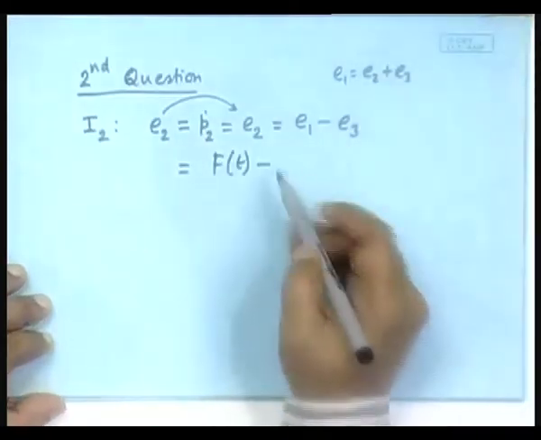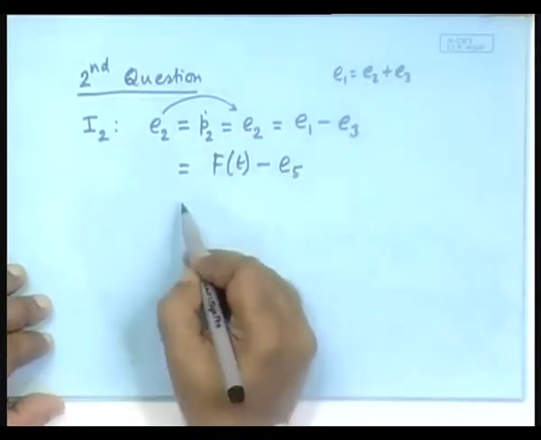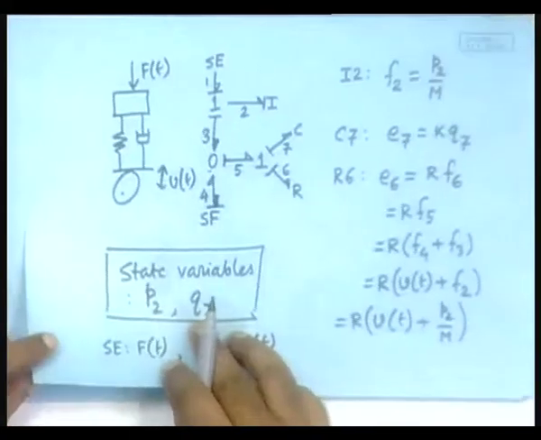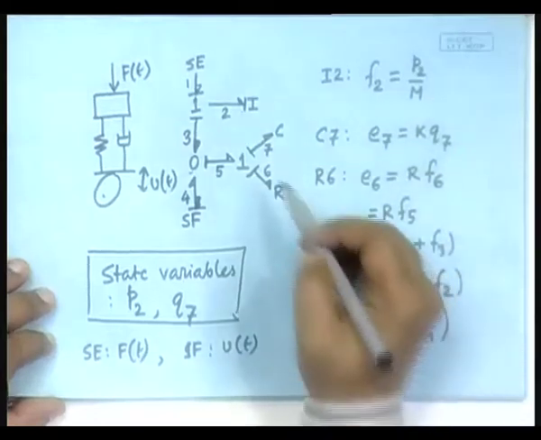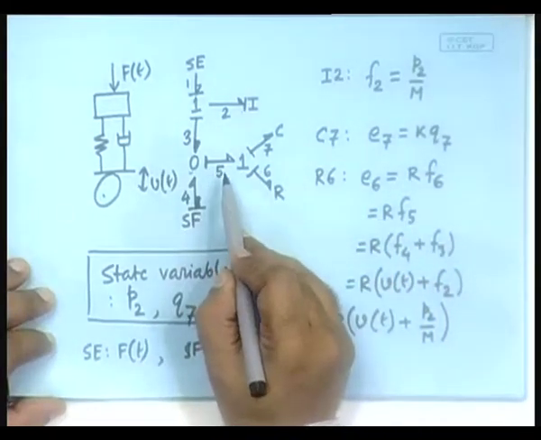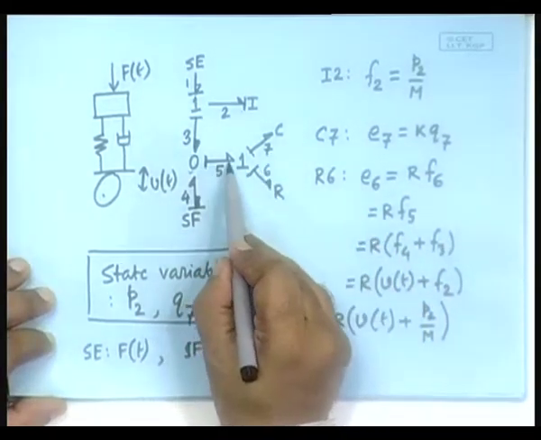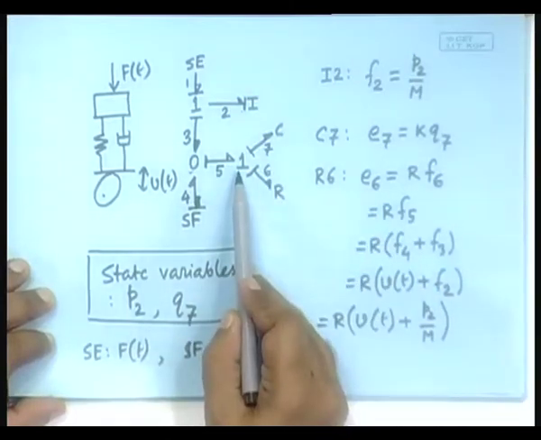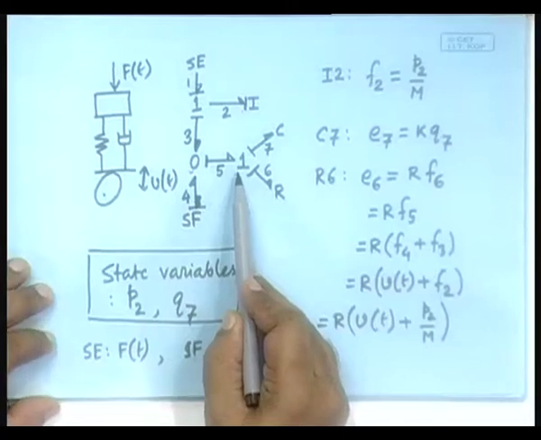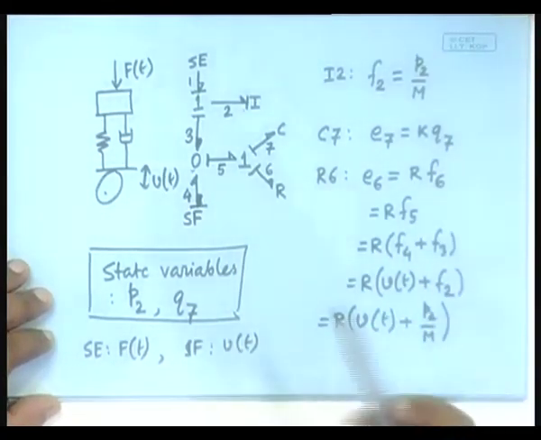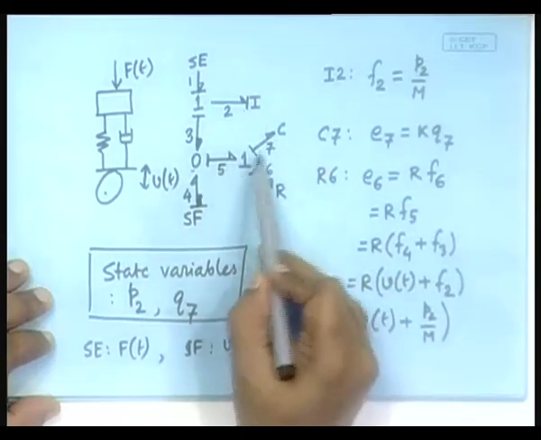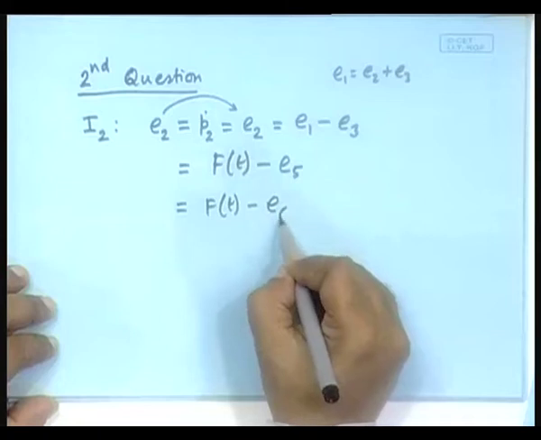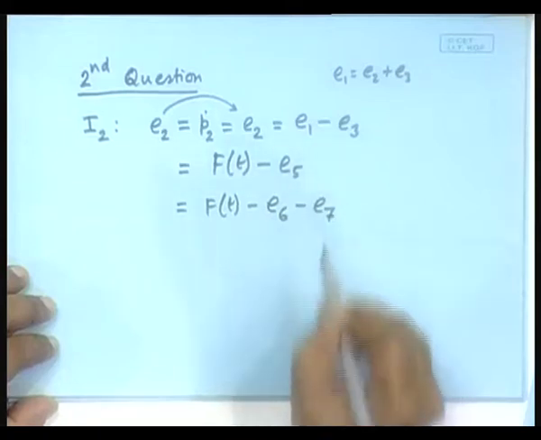So, it is Ft minus E5. Where does the information E5 come from? Yes, E5 is E6 plus E7, it is a one junction. One junction means it is an effort summing junction, and because of the power directions, E5 is equal to E6 plus E7. So, we can write E6 minus E7.